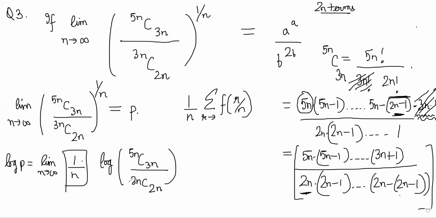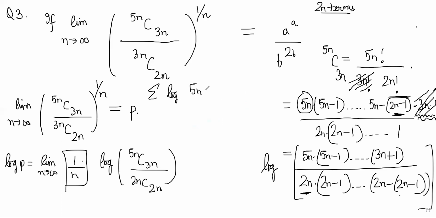Similarly, we can write the denominator 3n C 2n. Why is this nice? Because when I take the log of this, I can write it as a sum of terms now. First of all, I can write it as the sum of log of (5n minus r) by (2n minus r), and r goes from 0 to 2n minus 1, right?